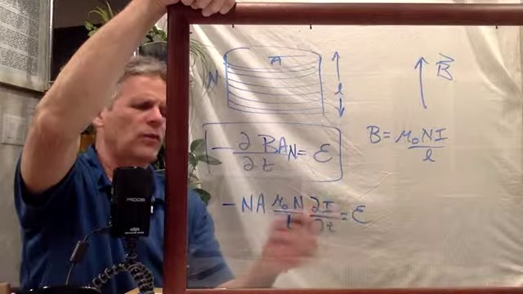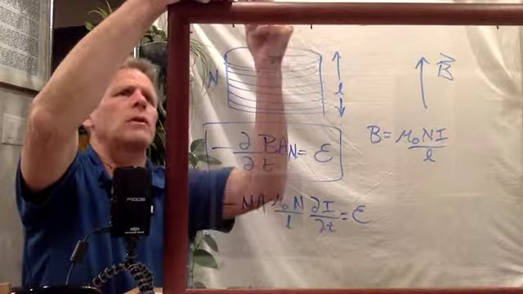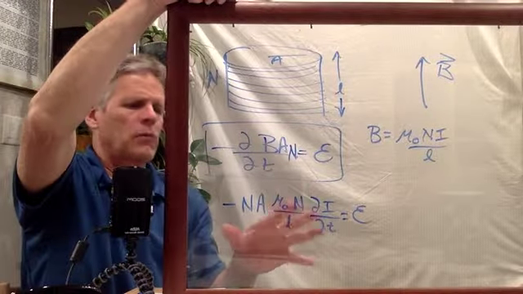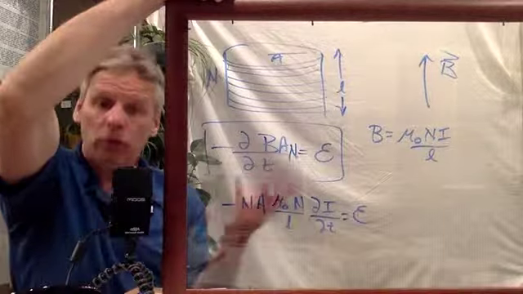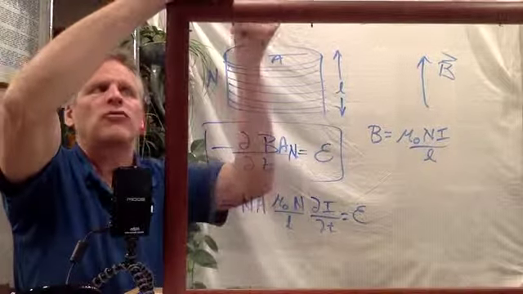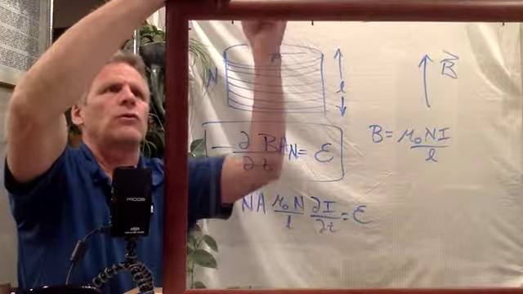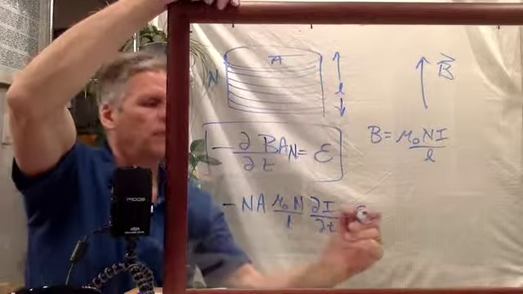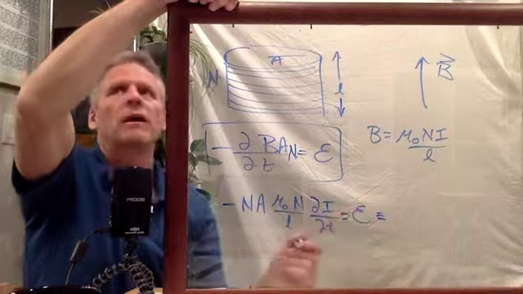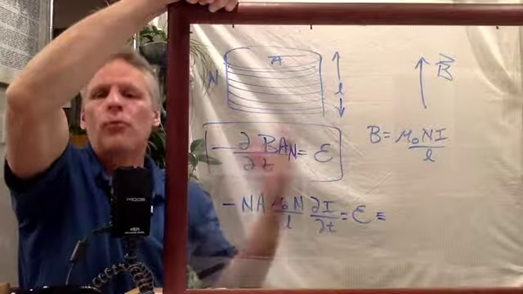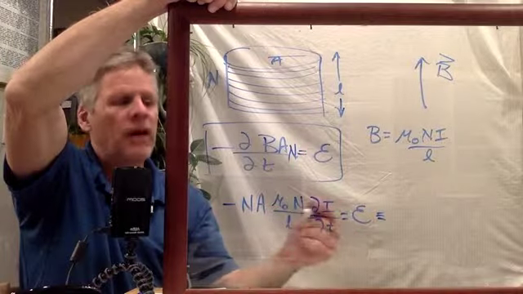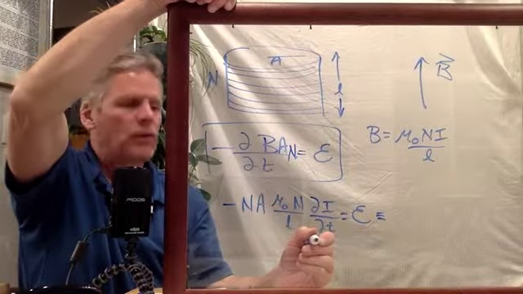This is just another expression for things. So I'm going to do two things at once here. I'm going to introduce our new definition. We are going to say that there's a new property which is defined as the ratio between the EMF and the time derivative of the current.